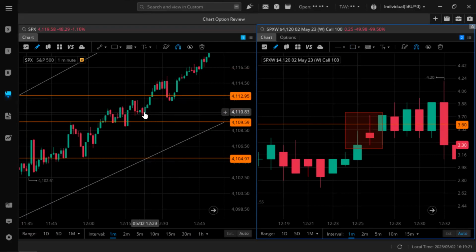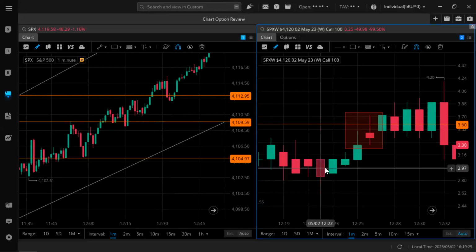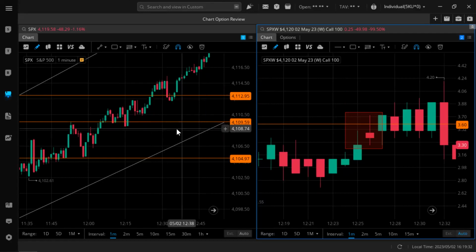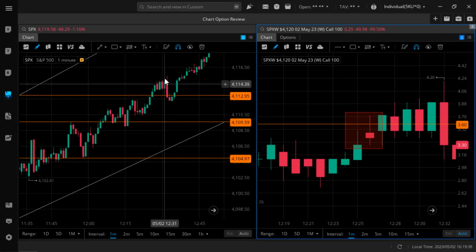When the push was forming at 12:23, 12:24, 12:25, that's where the contract was roughly $3 a piece. I was expecting the move to push higher to at least my 41.13 area. When it did cross, the contract was showing momentum. I wanted to try and catch a wick upside to fill me at 100% gains.